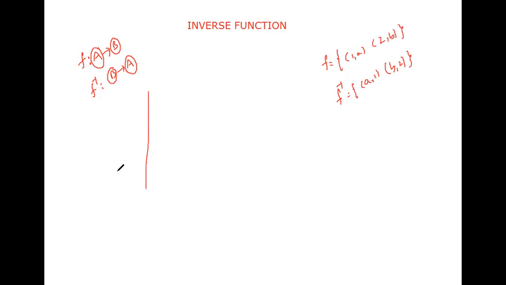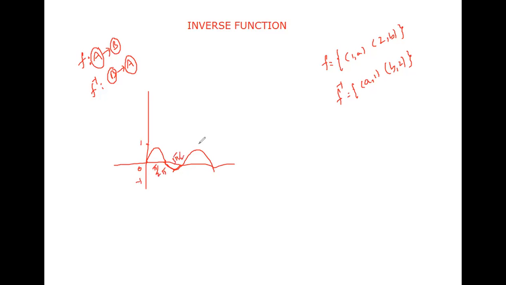Suppose this is the sin x graph, given like this. This is 0, here 1, here minus 1. This is pi by 2, sin pi by 2 is 1, sin pi is 0, sin 3 pi by 2 is minus 1, like this.